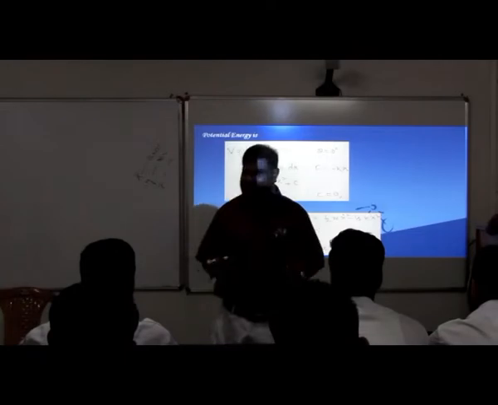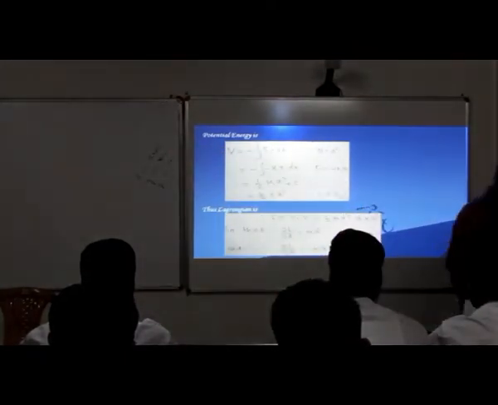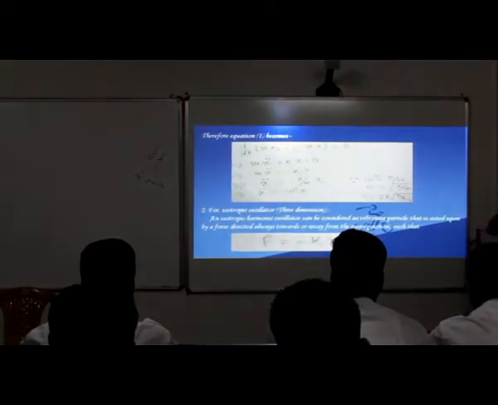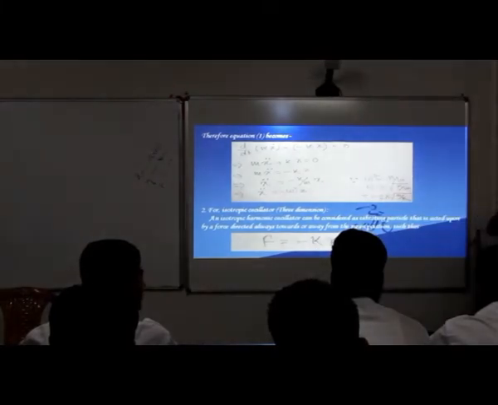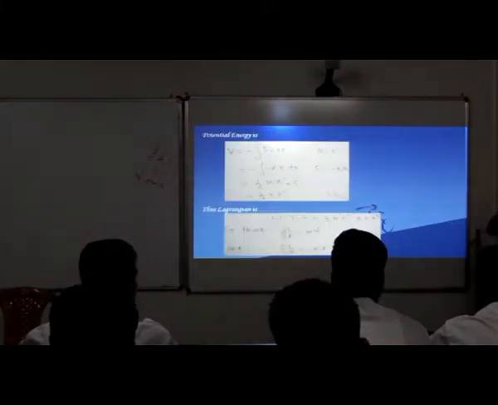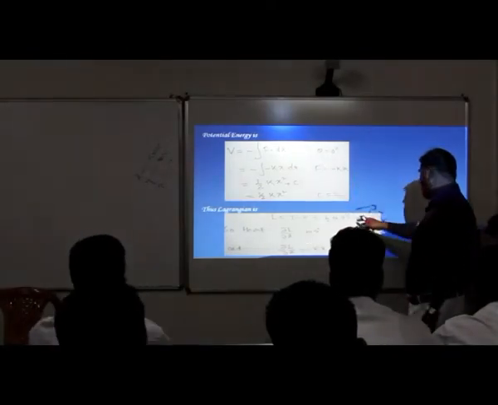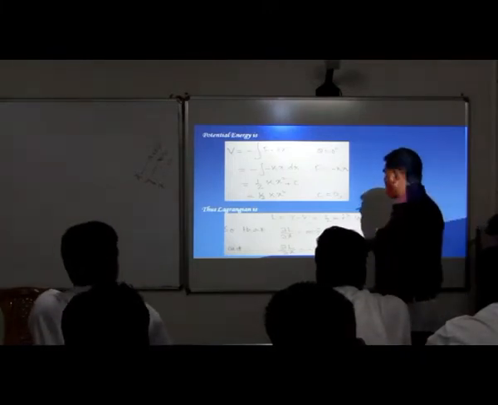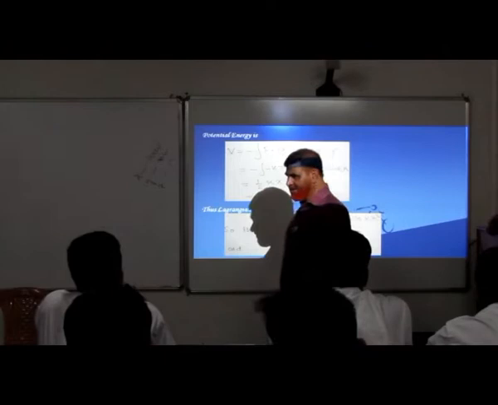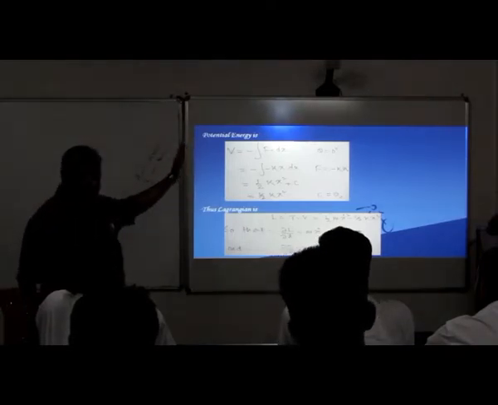Having these two terms, kinetic energy and potential energy, we have the Lagrangian as L is equal to T minus V, which is half of m x dot square minus half of k x square. This is for a conservative system, with the Lagrange equation in one dimension as stated earlier.